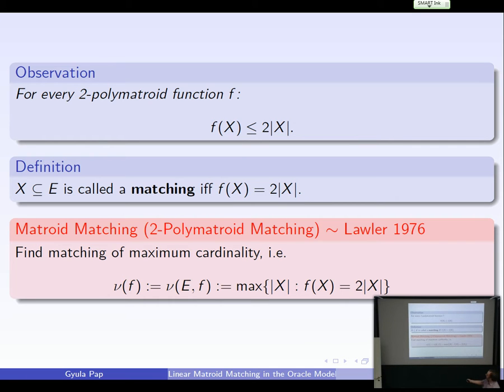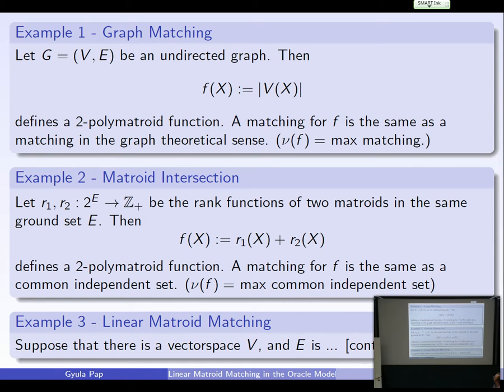So the matroid matching problem was introduced nearly 40 years ago by Lovász, and I think he already introduced a few equivalent definitions. One is that, given a two-polymatroid function, find the maximum cardinality matching. The motivation was that there are several known problems that are special cases.